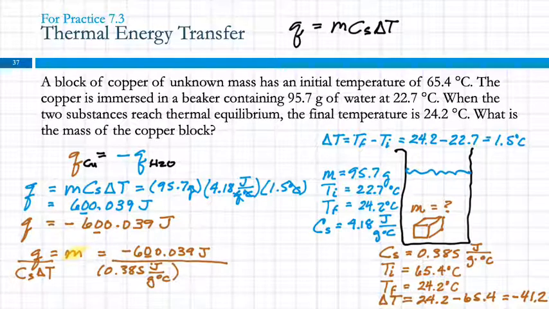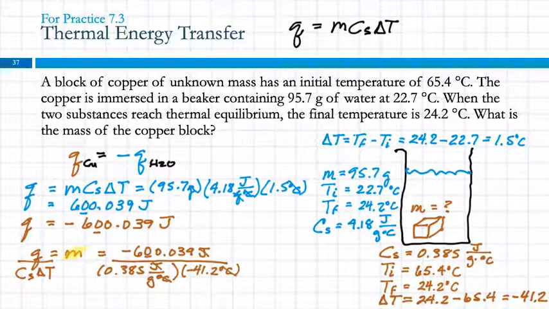Not in real life. Okay, so down here I've got negative 41.2 degrees Celsius. The degrees Celsius cancel and the joules cancel, and I've got 1 over grams, which is grams.